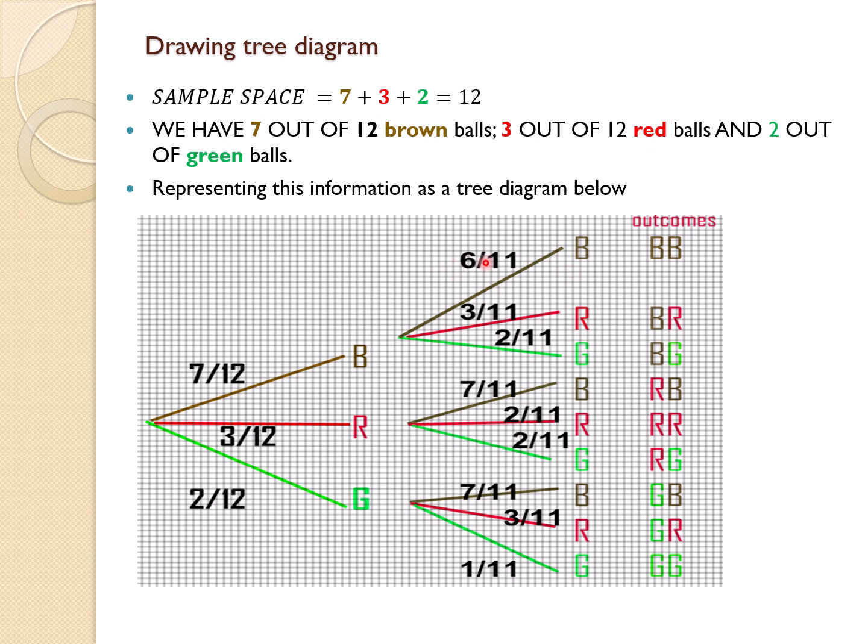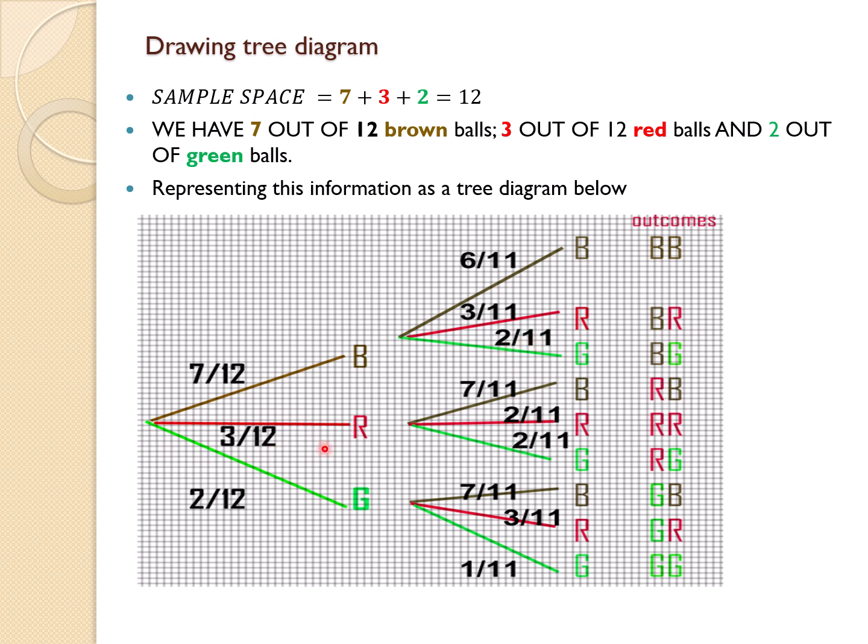Red, I haven't selected as yet, so I still have 3 red balls, but out of 11 balls because 1 brown ball is already out. Then if I select green, I still have my 2 balls. I haven't taken any green balls out, but I've taken 1 brown out, so instead of a sample space of 12, I have a sample space of 11. So 2 out of 11.